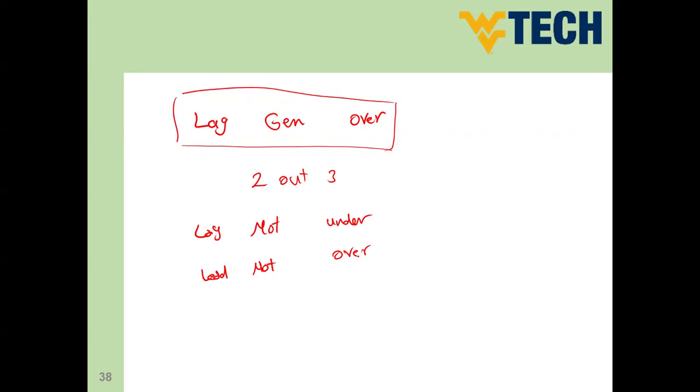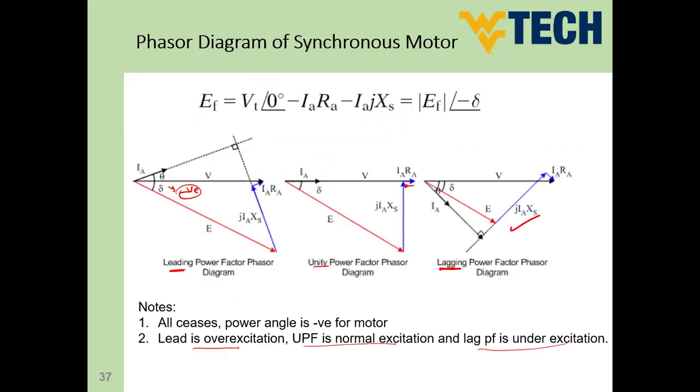Once you know it's a motor and overexcited, this means it's leading power factor. So you need to memorize these three words, and if you would like to change, you have to change 2 out of 3. Okay. So these are our observations from the phasor diagram of the synchronous motor.